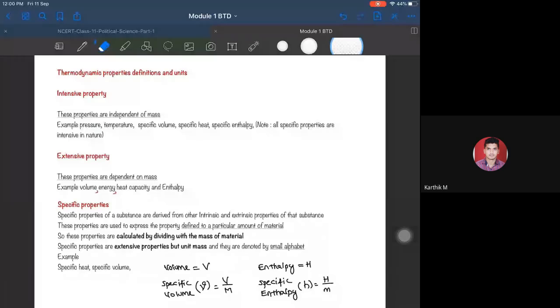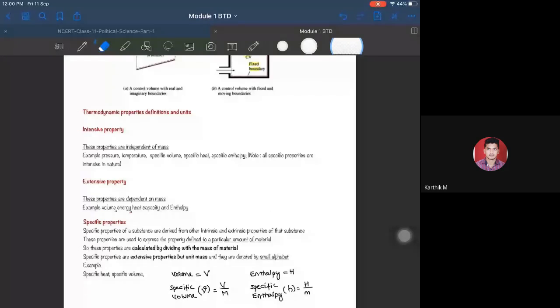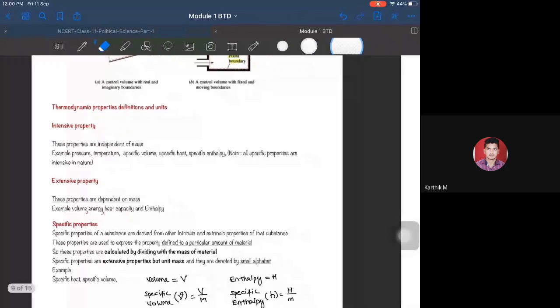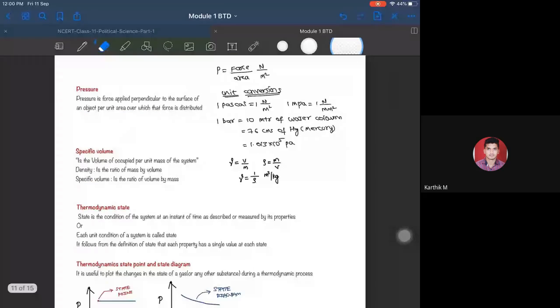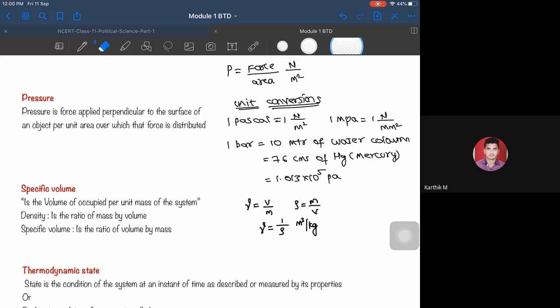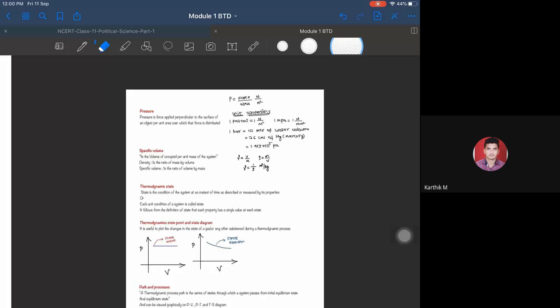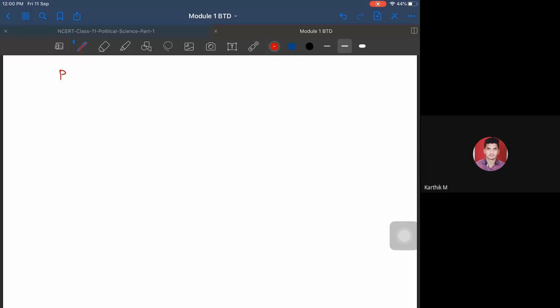Shall we move? Yes, sir. Okay. So I have explained to you what pressure is. Pressure is nothing but force per unit area. Correct? So what are the different units of pressure you know? Bar. So exactly what is 1 bar? Pressure is force per unit area.